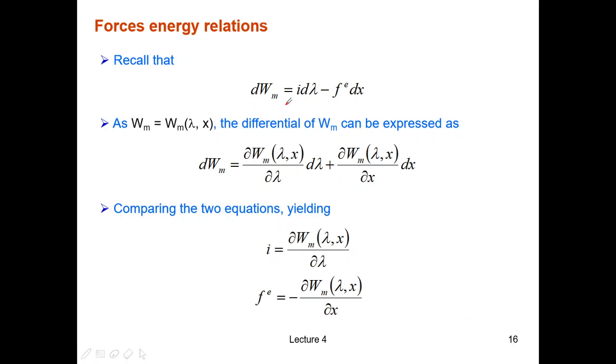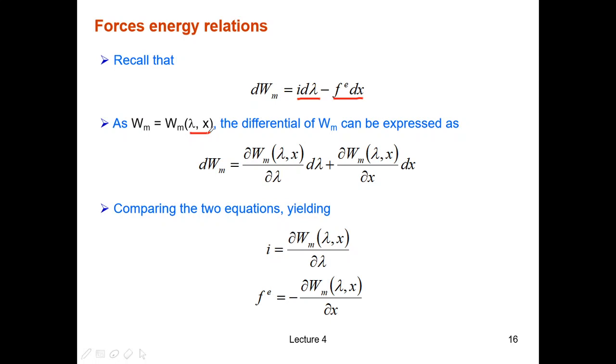remember that we developed that the change of the stored energy will be i d lambda minus fe dx, and this Wm is a two variable function. It's a function of lambda and a function of x.